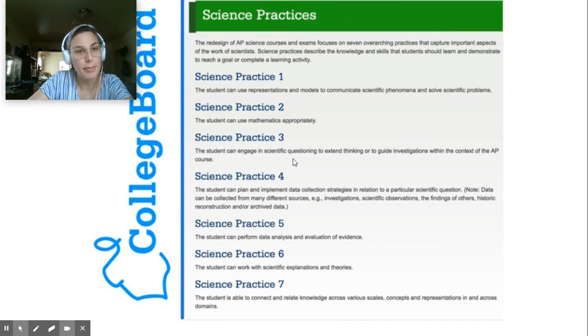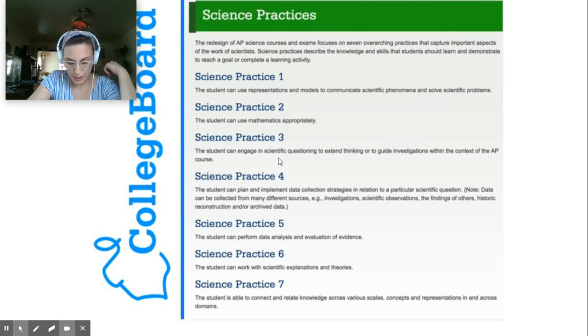So, for example, you need to ask a question that leads to further investigation. So if we ask something like, does sunlight affect the growth of plants? Okay, I know that I now can design an experiment around that investigative question. Okay, so this idea of practicing scientific questioning, that is science practice 3.